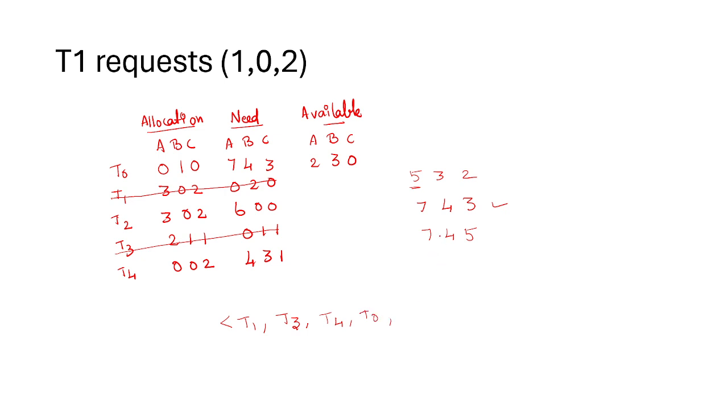After T0 completes its execution, 7, 5, 5 will be available. Then go with T2. T2 starts its execution and completes. So this is the safe sequence. Thank you.